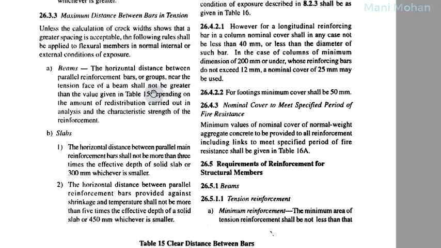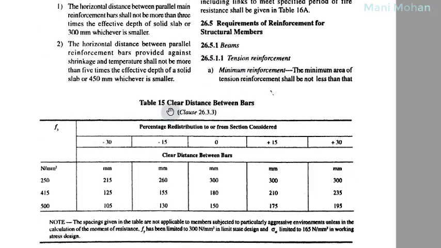Okay. So if you read point number A, it is directing you to table number 15. So here using this table, depending upon percentage redistribution of moment, you can get what can be the maximum clear distance between bar.